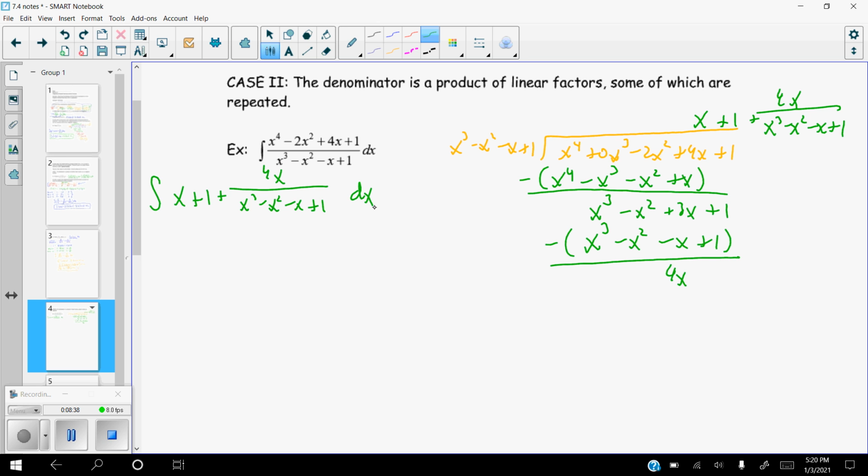The first two terms, the x plus 1 part, will be simple. Those are just straightforward power rule antiderivatives. The other part still has some work to do. I've still got to factor it. It's in the proper form now because x cubed is the highest power, and 4x on the top is x to the 1st. The highest power is in the denominator. So now it needs to be factored.